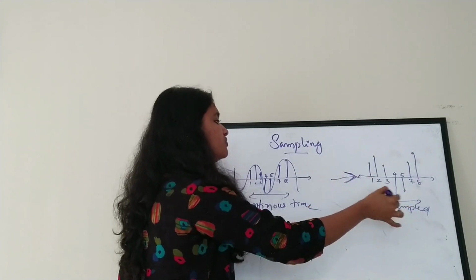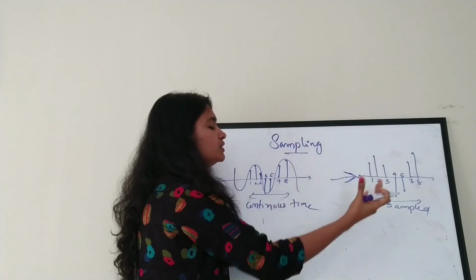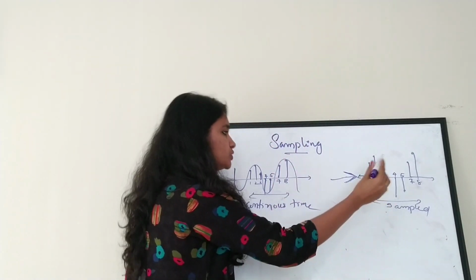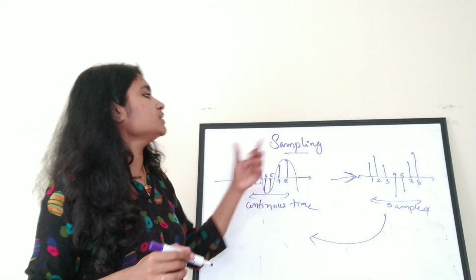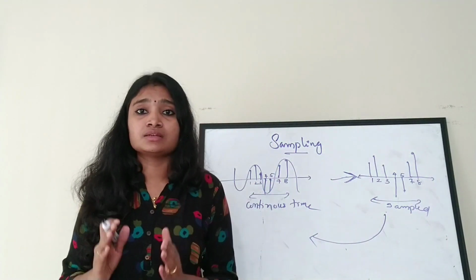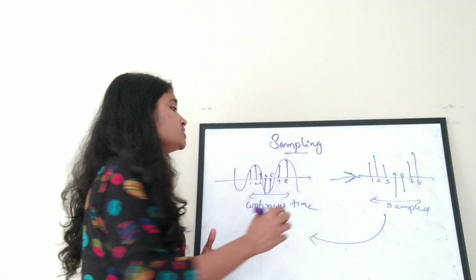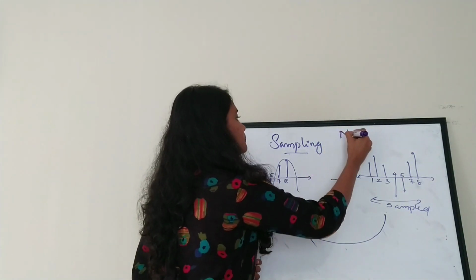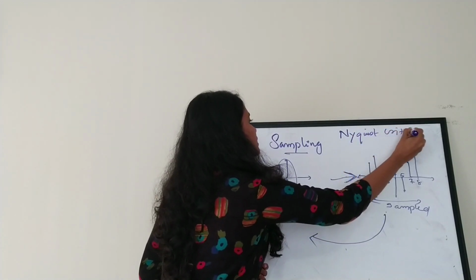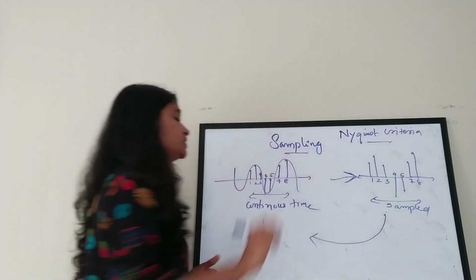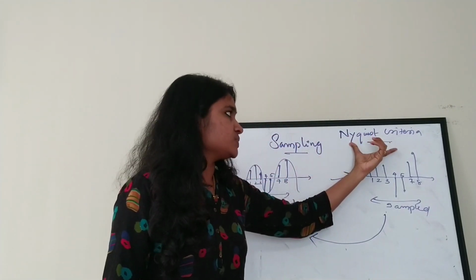After the quantizing, we get a digital signal. In order to reconstruct the digital signal back to the analog form, we have to follow certain criteria while sampling the signal, and that is nothing but the Nyquist criteria. It's a very famous topic in digital electronics and digital signal processing.